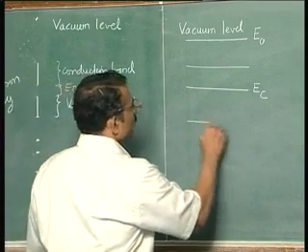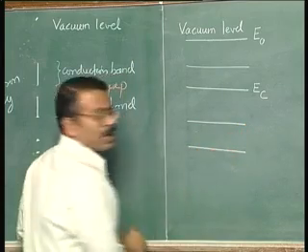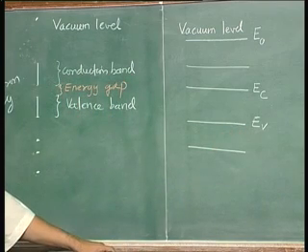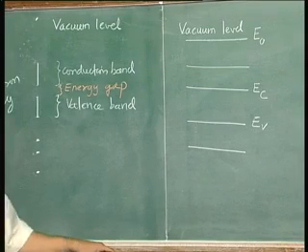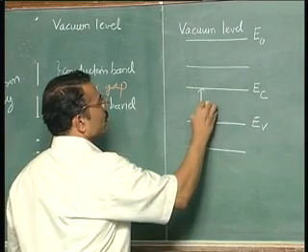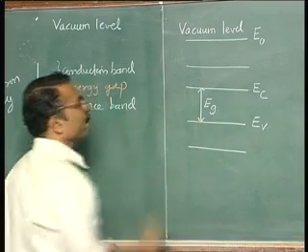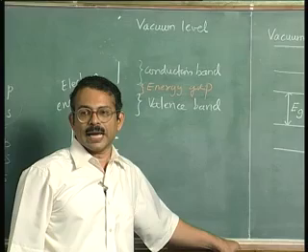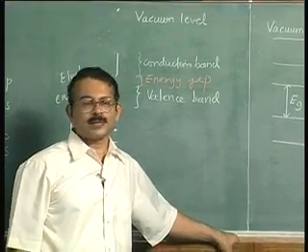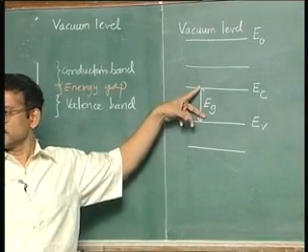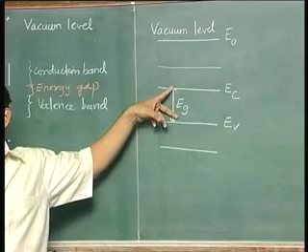The valence band will be shown below this, and the top of this band is denoted E suffix V. V stands for valence, and this gap is denoted E suffix G, energy gap. As we will see, this represents the bond strength of the bond model, energy corresponding to the covalent bond.